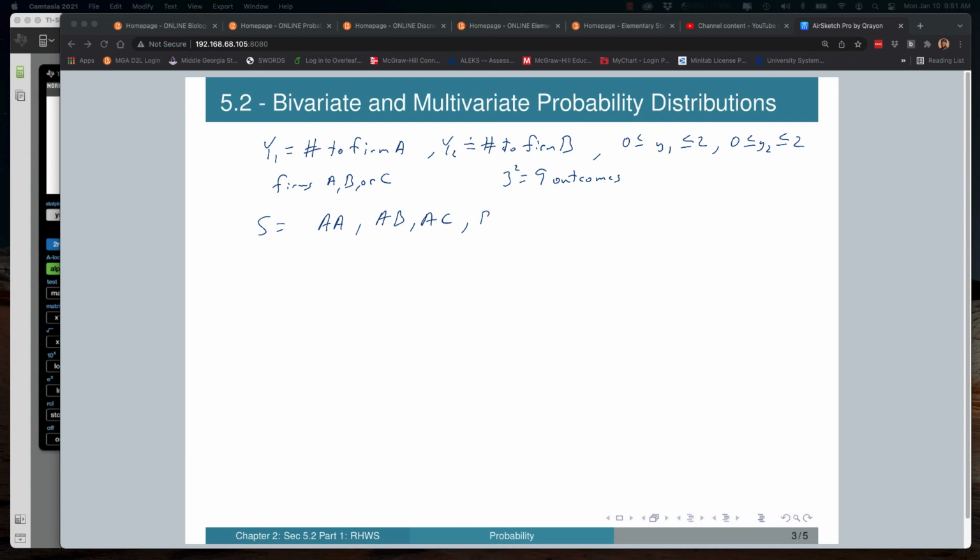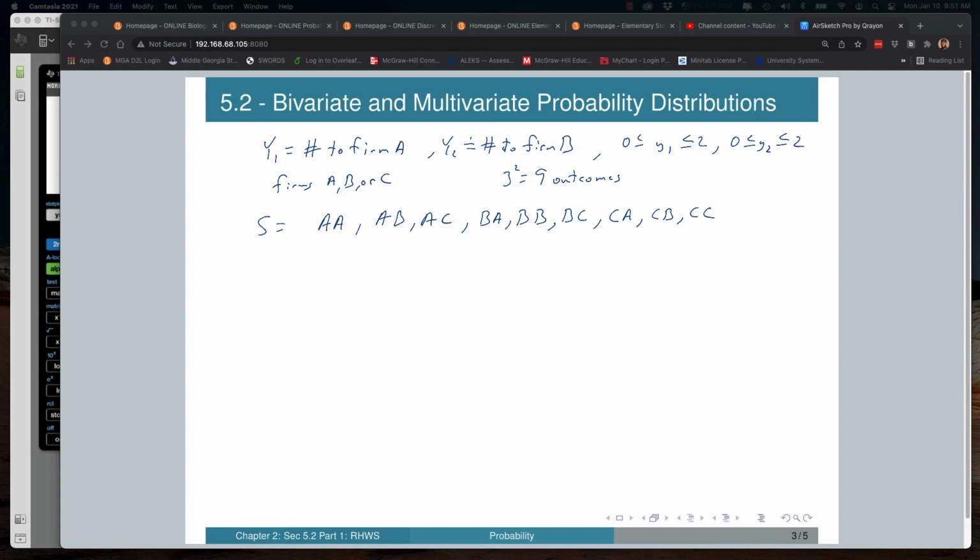Now 1 could go to B and 1 to A, or both could go to B, or 1 to B and 1 to C. Finally, we have C and A, C and B, and C and C.